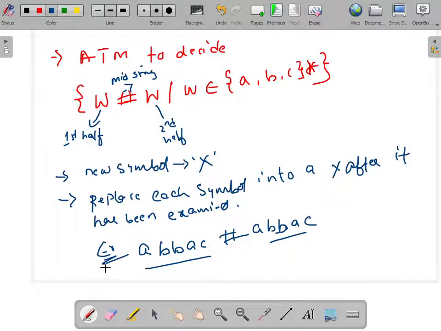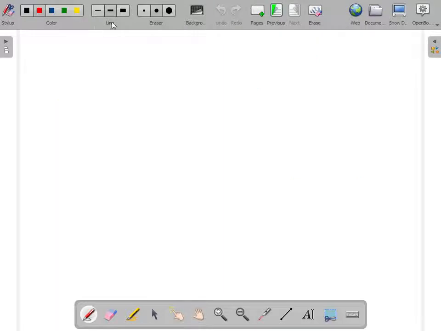Okay, so let's solve this in the new page. What we are doing here: first we have taken one new symbol, that is X, and now I am replacing each symbol with an X after it has been examined. So what was the example?